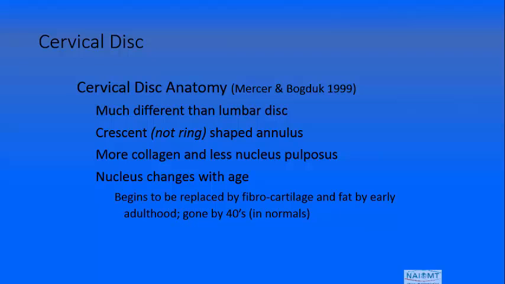It contains a lot more collagen and a lot less nucleus. And the annulus is in a crescent shape, not the ring shape of the lumbar. The nuclear material changes with age, disappearing normally by the 4th decade, being replaced by fibrocartilage and fat.